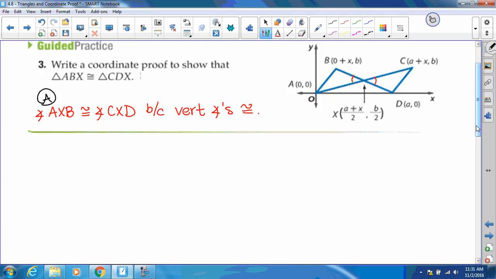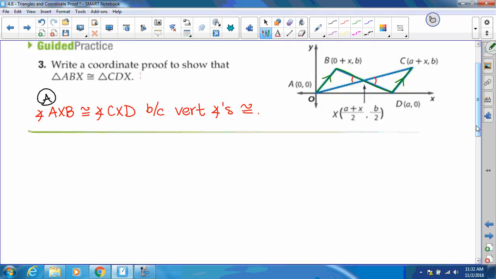So it looks like these two lines right here, AB and CD, they look parallel, but we have to make sure that they are parallel. So if we know that they are parallel, then we have this Z situation, right? Where you have those alternate interior angles. So let's see if AB and CD are parallel.